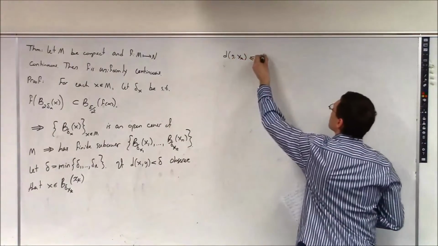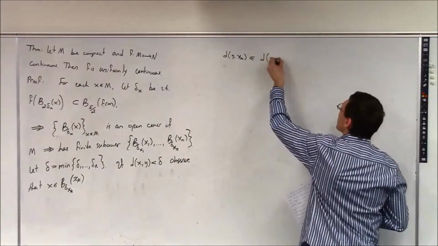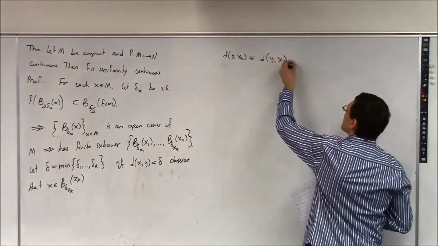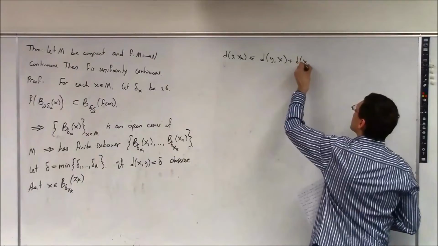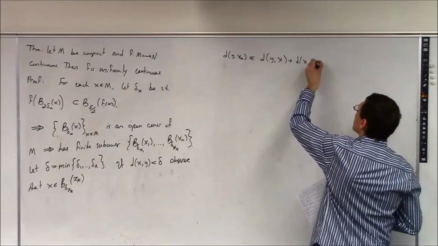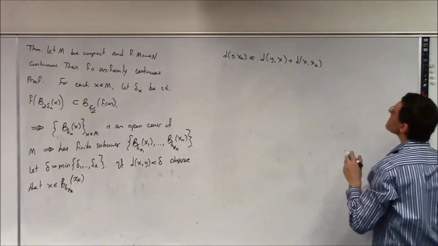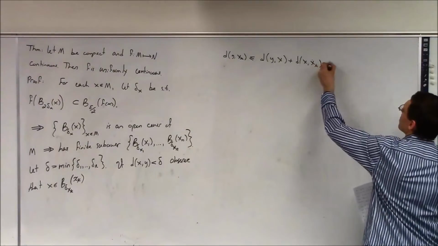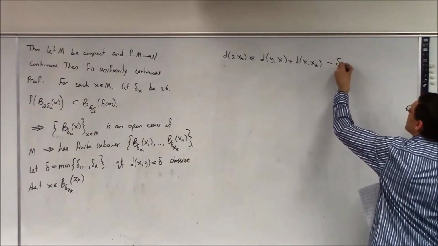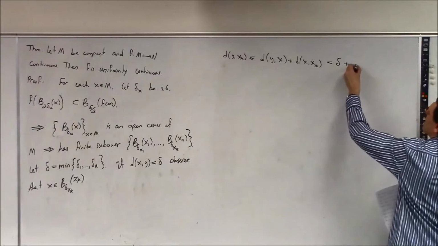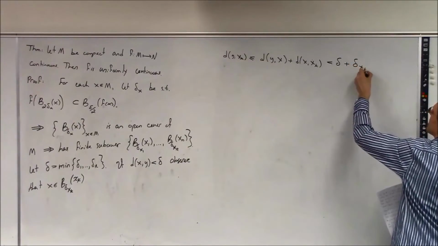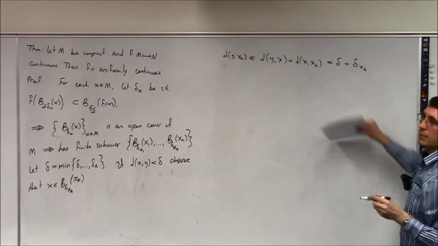This is less than or equal to the distance from y to x plus the distance from x to xk. Now the distance from y to x is less than delta, and the other distance is less than delta x sub k. Now I pick delta to be the minimum.